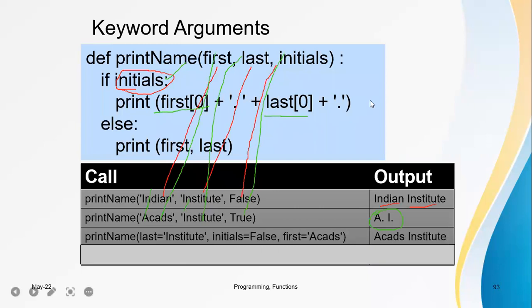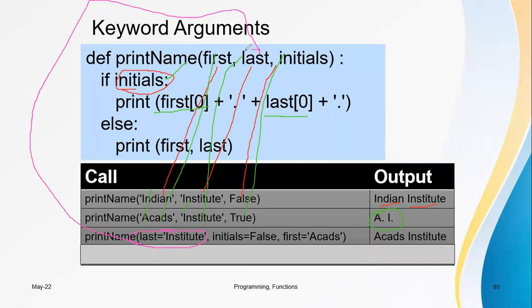Okay, this is the third example for you. See here. Last is equal to institute. Last is equal to C. I have to come here.